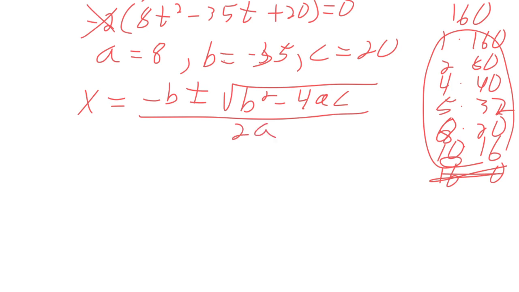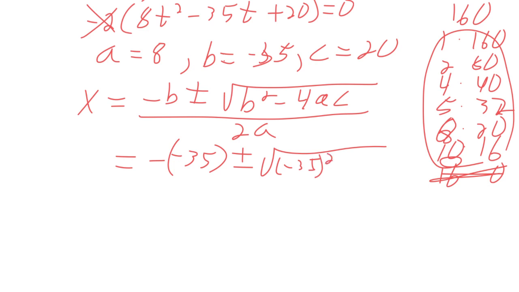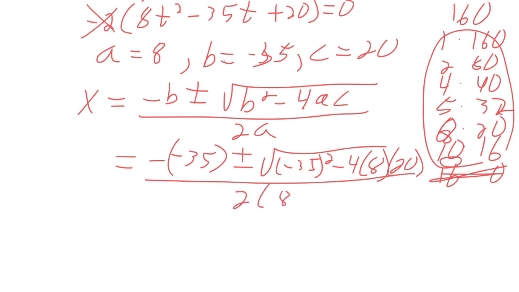Now we're going to plug in our a and our b and our c. Be very careful with your signs. So it's negative negative 35, so you got to watch out for that one right there. Plus or minus the square root of negative 35 squared minus 4 times 8 times 20, all over 2 times 8.